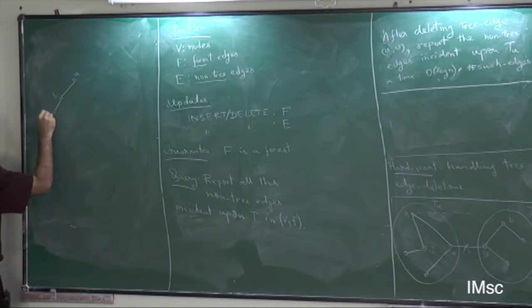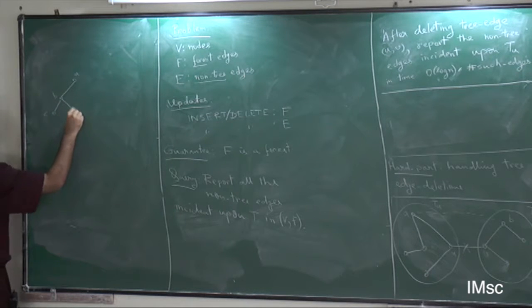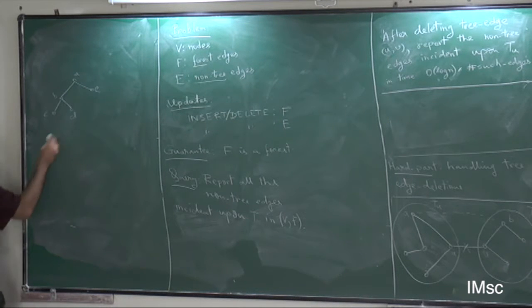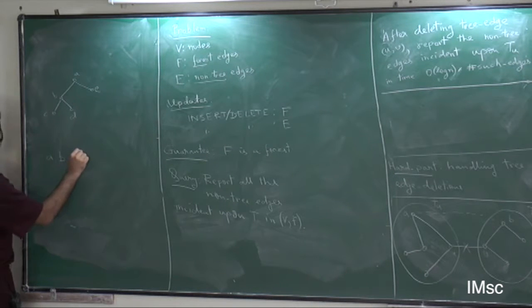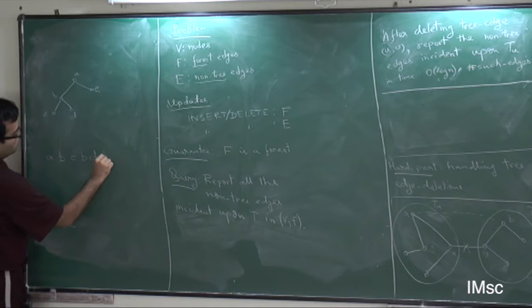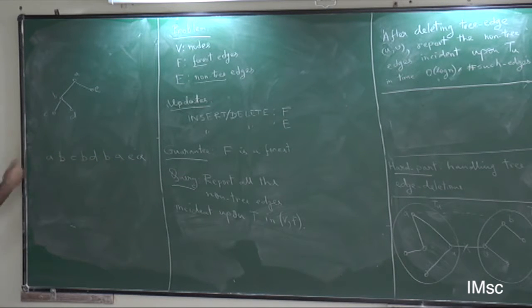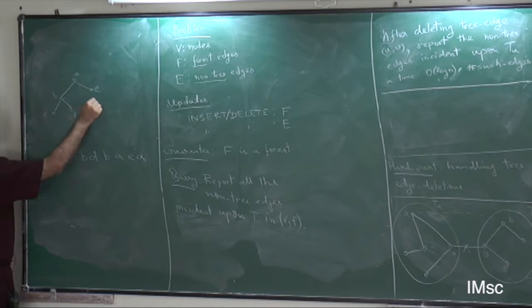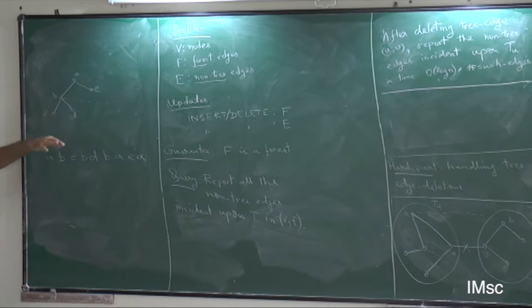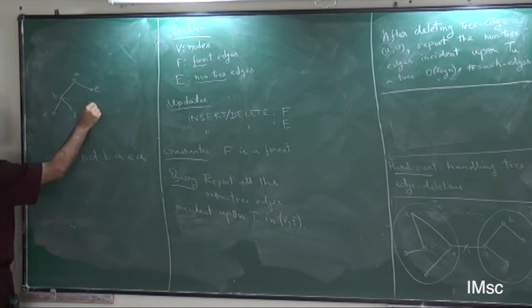So, a tree with nodes A, B, C, D, E corresponds to a list A, B, C, B, D, B, A, E, A. Now, suppose I insert a non-tree edge in E incident upon B, its other endpoint might be anywhere, I do not care. Okay. Let this edge be E1.